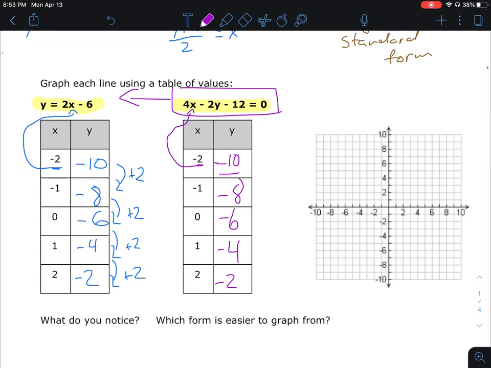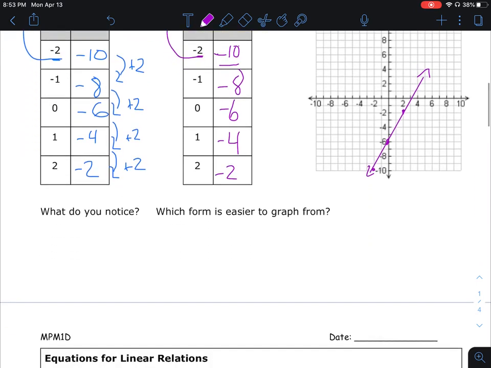Gives me a point right about there. When x is 0, y is negative 6. When x is 2, y is negative 2. So I have this line right about here. So the line that this represents would look something like that. So both of these tables of values satisfy this line here.